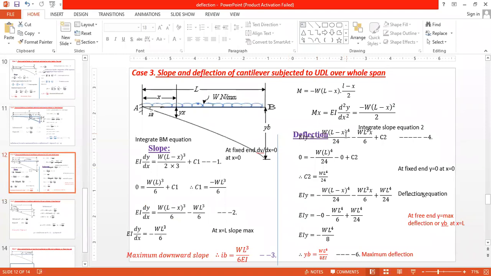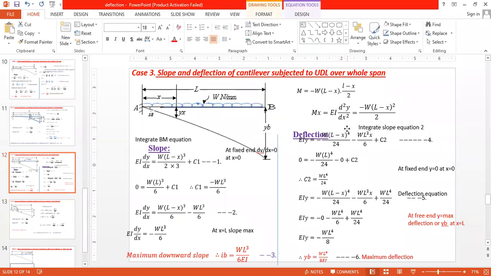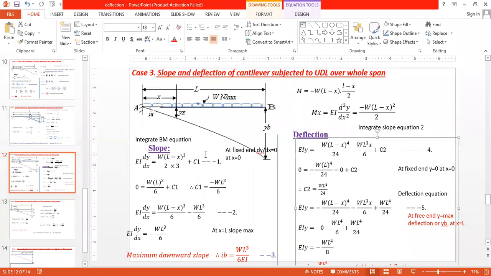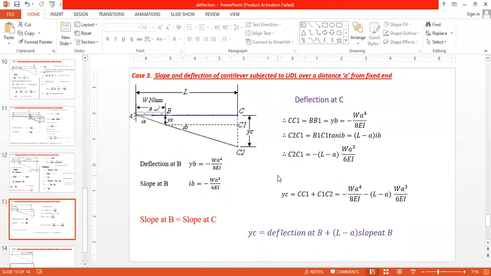Now next case: slope and deflection of a cantilever subjected to uniform distributed load over a distance a from the fixed end.